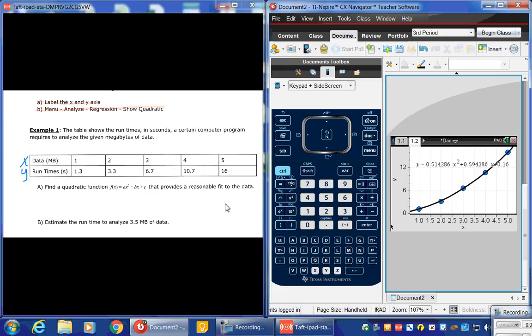So here my equation is going to be y equals 0.51x squared plus 0.59x plus 0.16. So here you have that A, B, and C value.